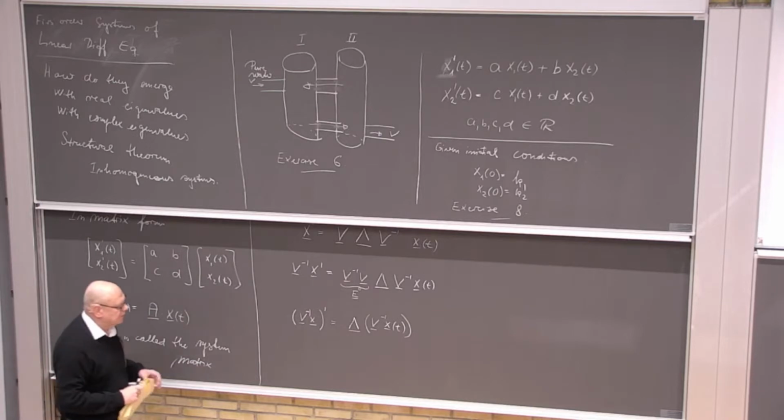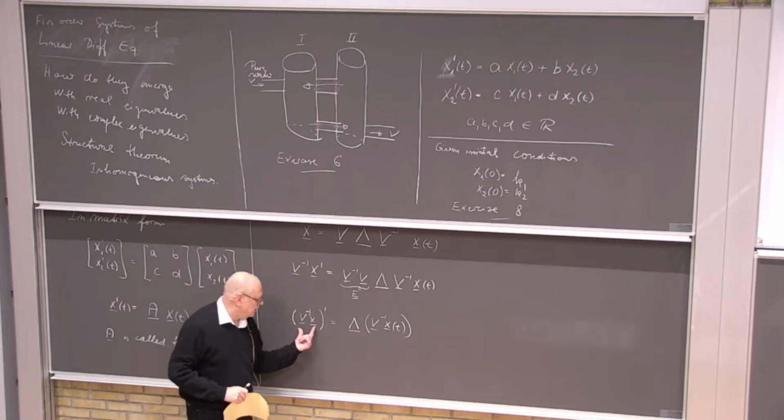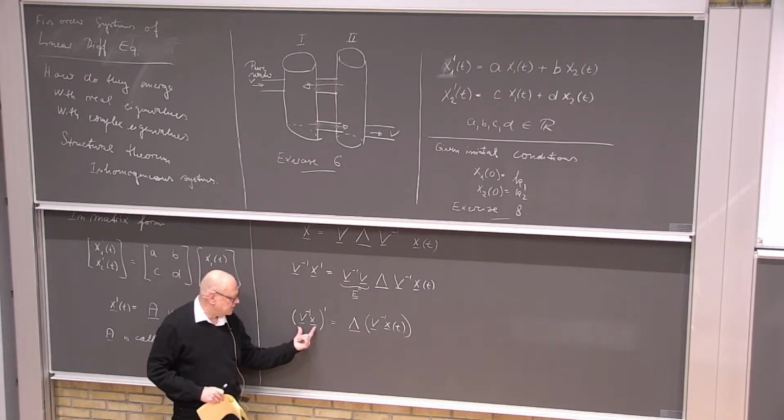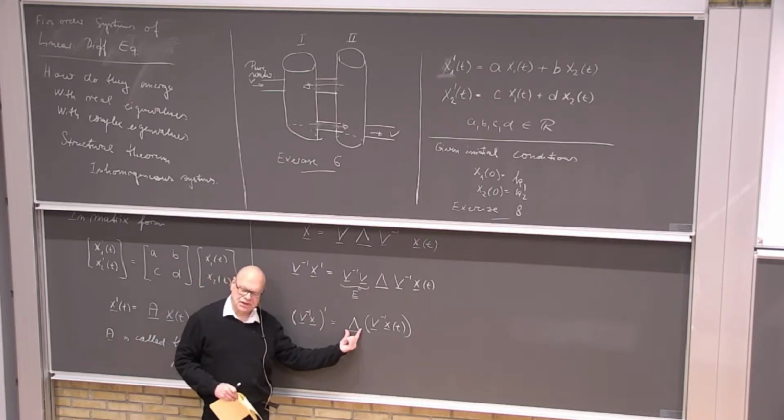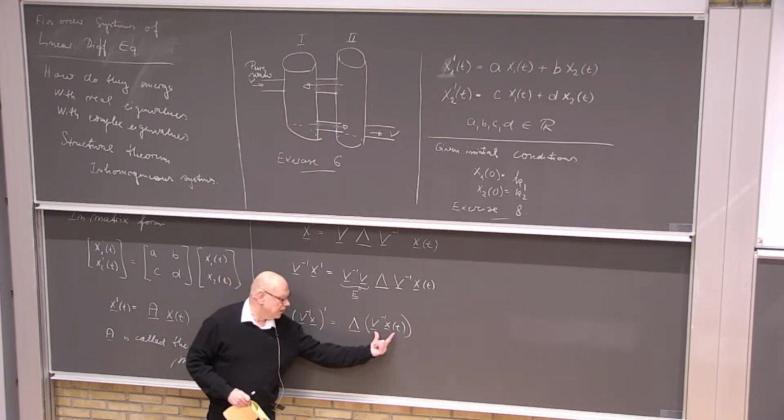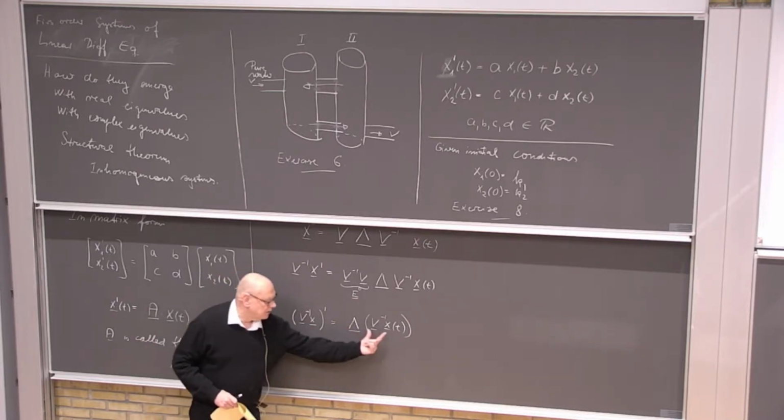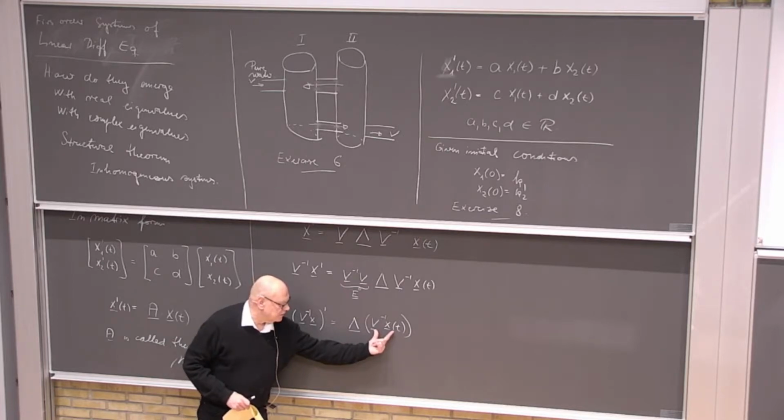So what you see here is that you have the same thing, take the derivative, it's equal to a diagonal matrix here, and this is important. And then you have the same set of variables here.